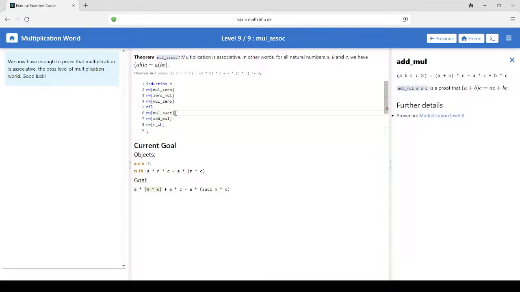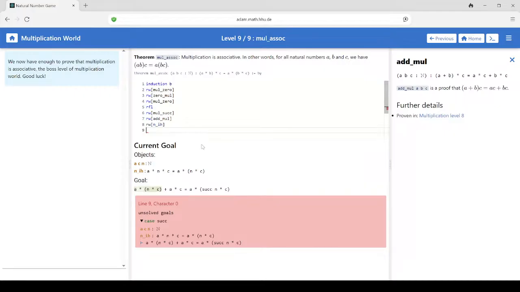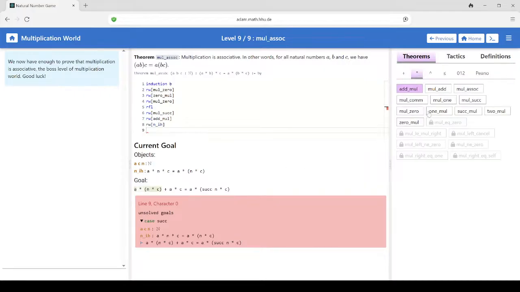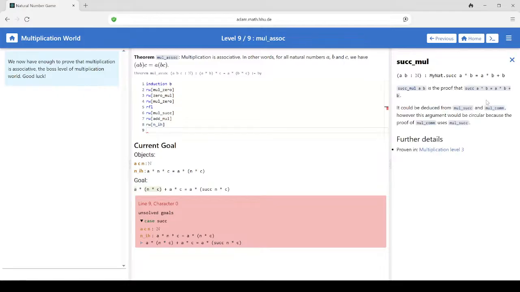Should still be able to just... I'm going to use the other one now. Nope. This one.